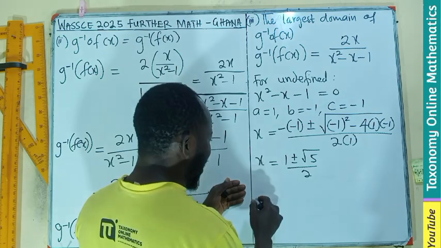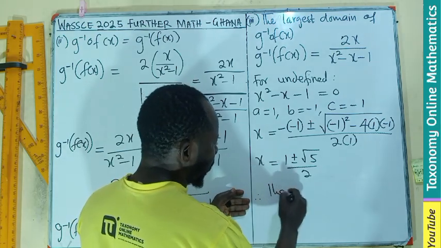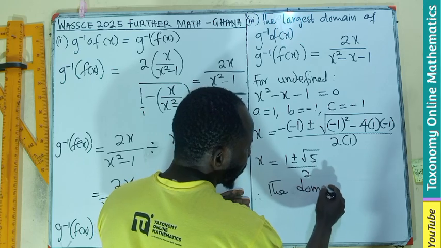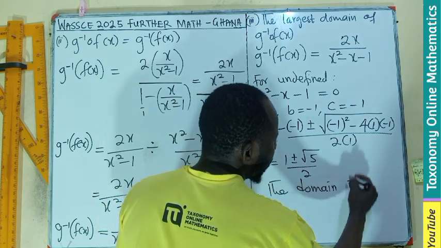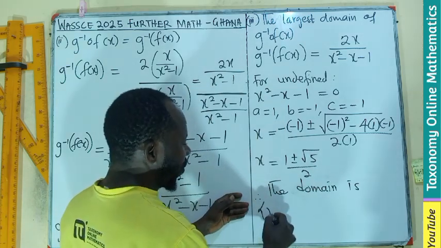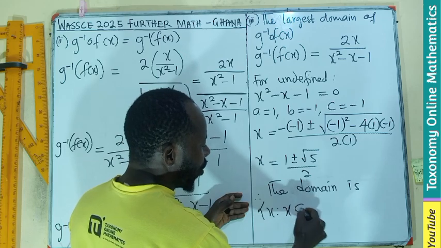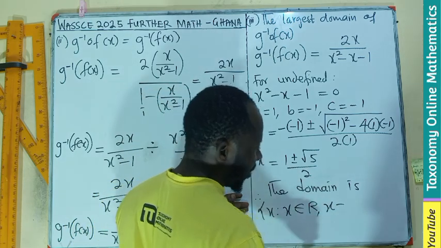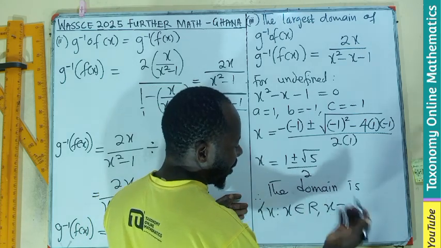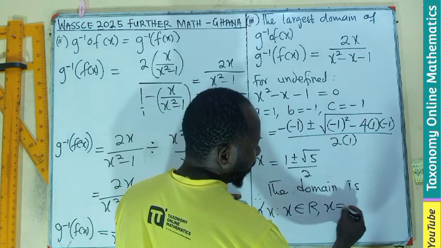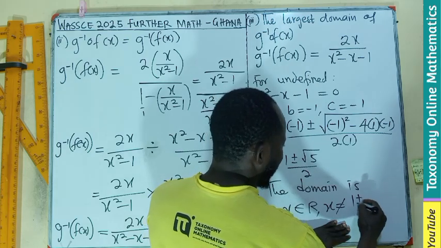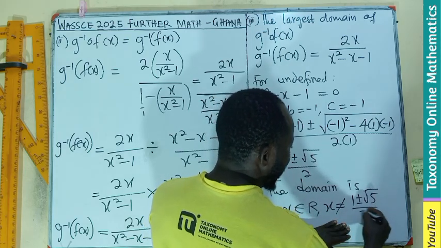So therefore the domain is going to be the set of x such that x belongs to the set of real numbers, except 1 plus or minus the root of 5 over 2.